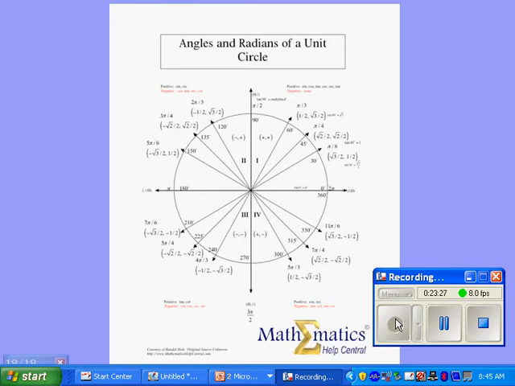I make no secrets about the fact that you have to work hard to memorize things in here. If you do not know this unit circle by Monday, the rest of this class is going to be painful. Painful. I cannot stress that enough. Okay? When I tell you that you need to memorize, I am not trying to scare you. I am not over-exaggerating. You have got to know this unit circle like you know your own name.